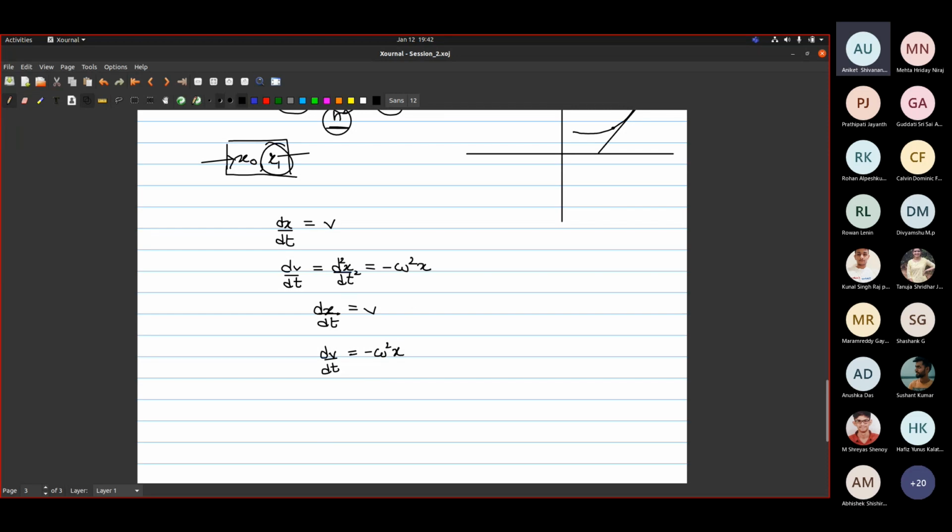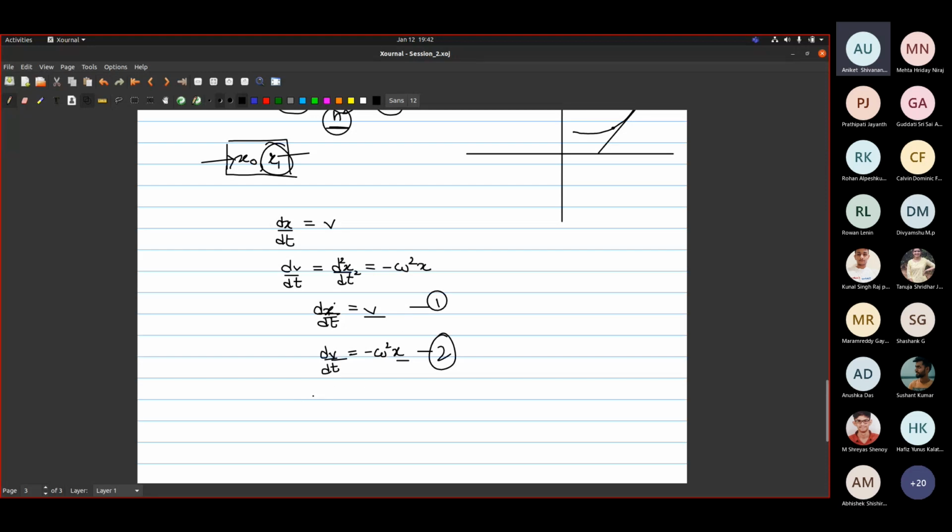Now this becomes a system of linear equations. Like your system of algebraic linear equations, you have two equations, equation 1 and equation 2, and two variables. So this becomes a system of linear differential equations, and I can apply what I learned in the one equation to here.